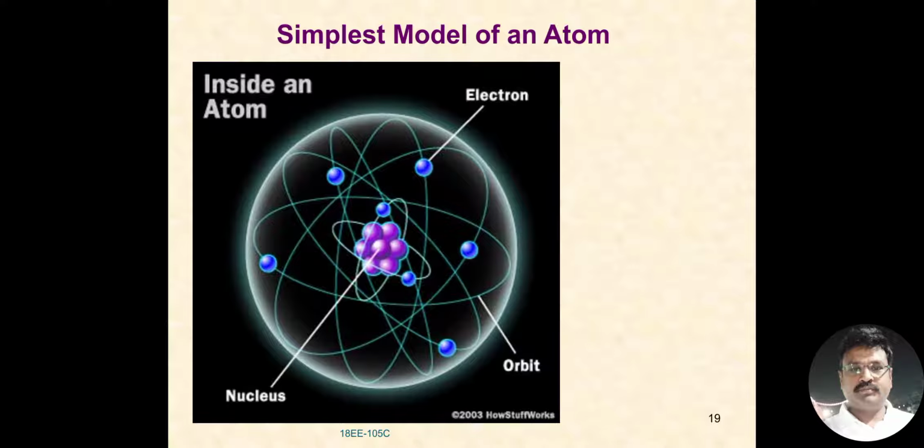An atom basically consists of a central part called the nucleus, as shown in the diagram. Around the nucleus, a number of electrons revolve in different paths. Those paths are called orbits. The nucleus consists of two types of particles known as protons and neutrons.